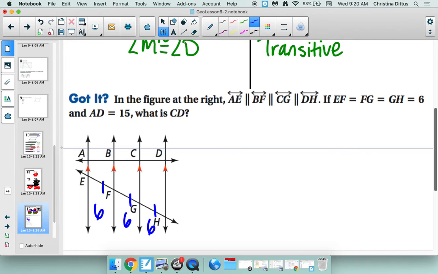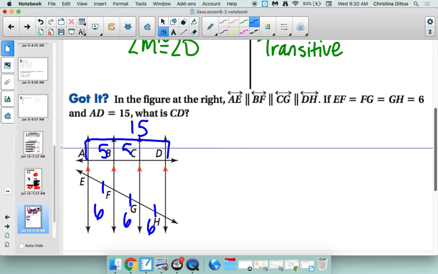So would you say that these are all congruent? Okay, so that means that on your other side, all of these have to be congruent. And then we're given that AD is 15, so from here to here is 15. What should each of these be? 5.